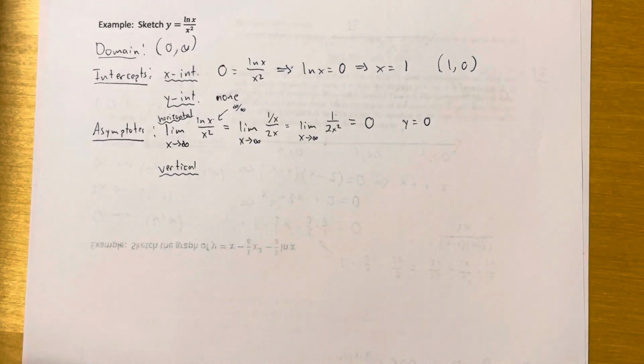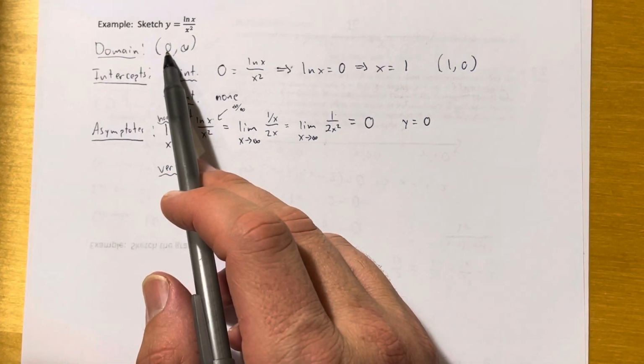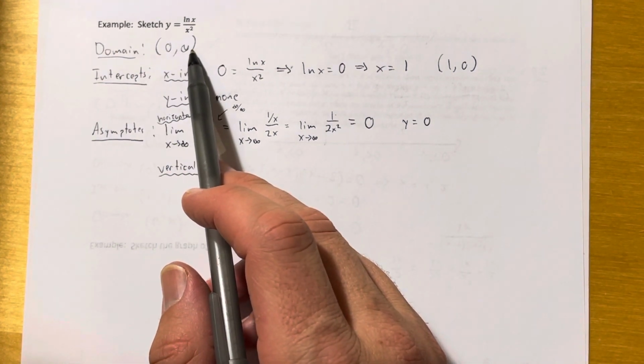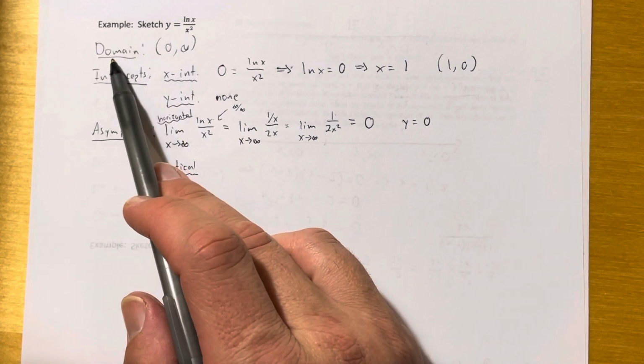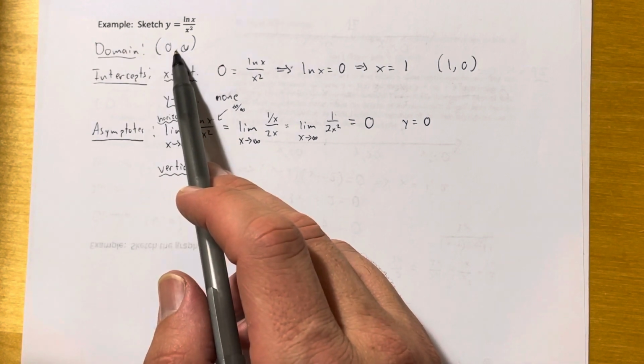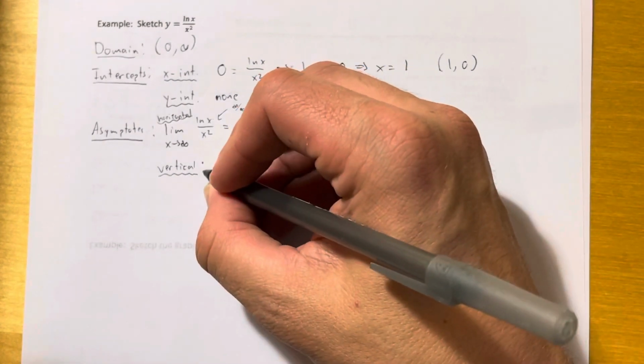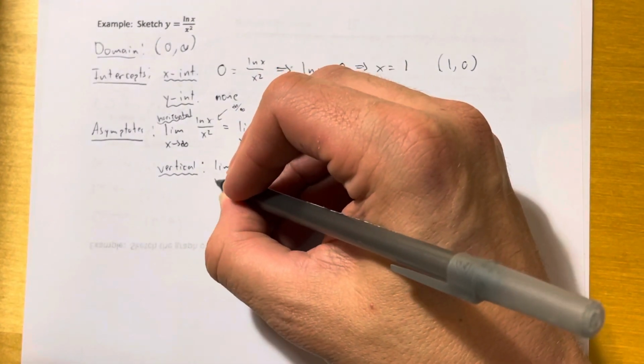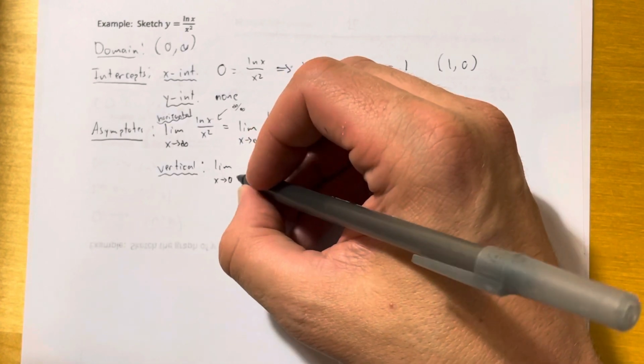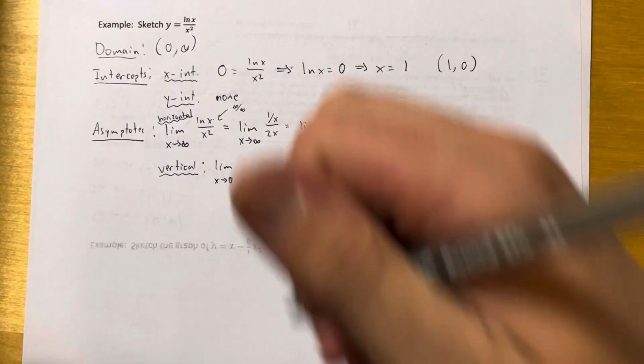Okay. Well, the only place it would make sense for there to be a vertical asymptote would be at 0, because this function is defined for all positive real numbers, and it's not defined for any negative real numbers. So the only question is, as we approach 0 from the right, is there a vertical asymptote there? What is the limit as x approaches 0 from the right?